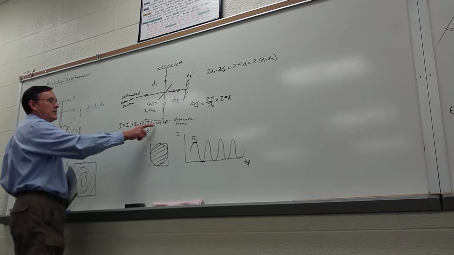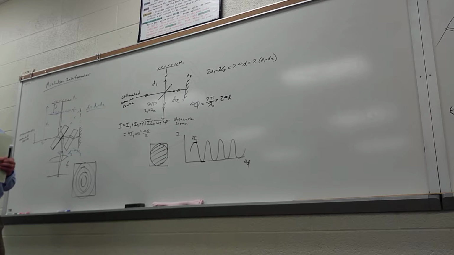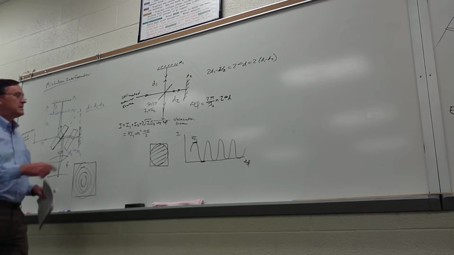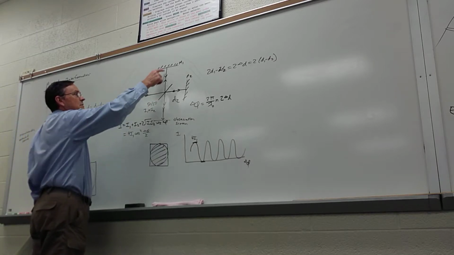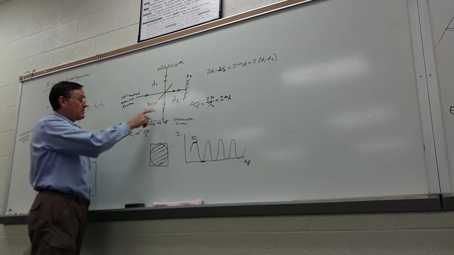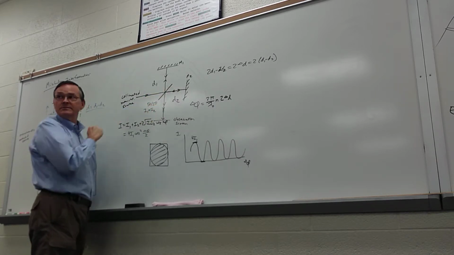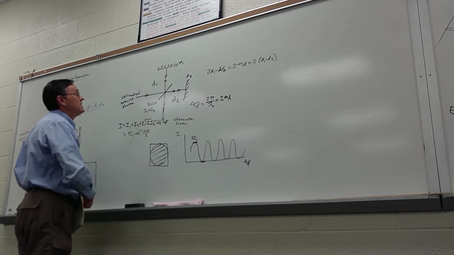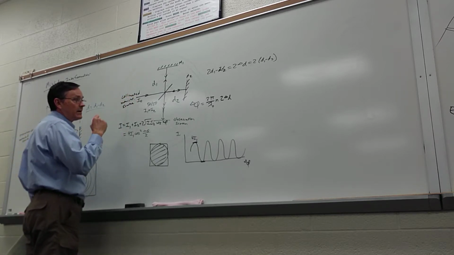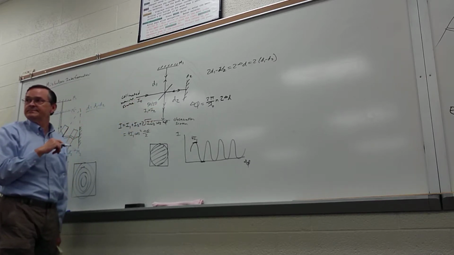So if I write this down, what's I1? That's the intensity of the starting beam, right? No, it's half of it, right? Well, it's the irradiance of the beam that follows the number 1 path and comes to the detector here. Likewise, I2 is the irradiance of the light that follows the number 2 path. So we need to figure out, if this is irradiance I0 coming in, what's I1 in terms of I0?